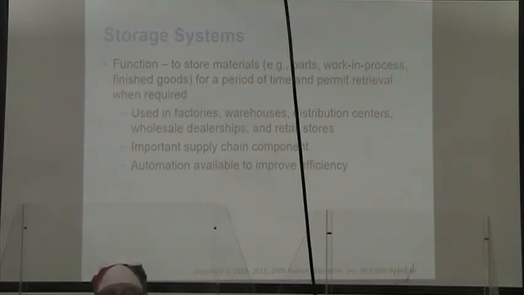But first, the storage system function is to store materials, for example parts, work in process, and finished goods, for a period of time and permit retrieval when required. Used in factories, warehouses, distribution centers, wholesale dealerships, and retail stores. It's an important supply chain component, and there are automation methods available that could improve efficiency.